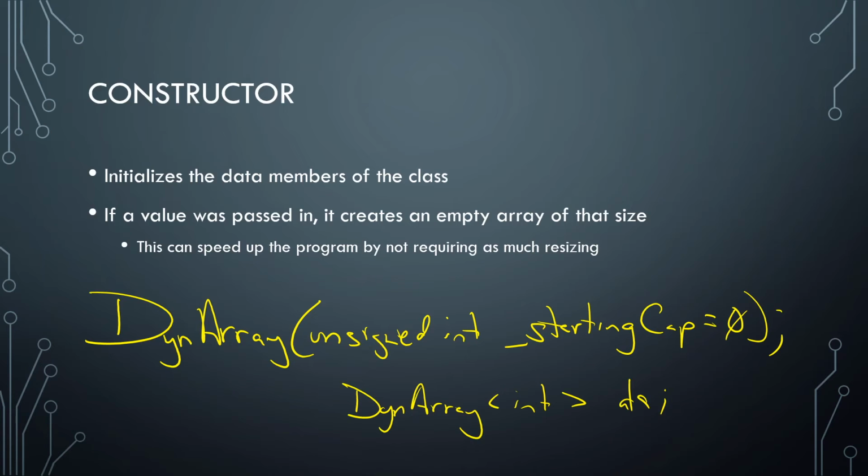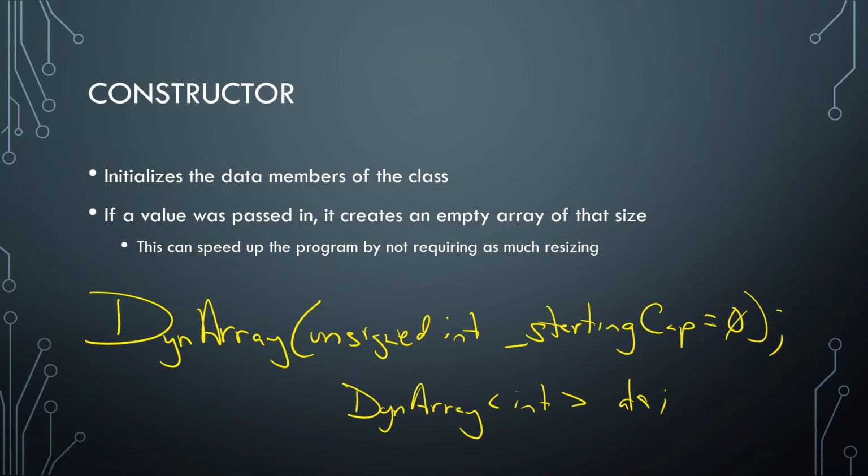The reason why we're giving the option to pass in this starting capacity is because that can speed up our application. As we'll see in some of the coming slides, when that array becomes full, we will need to resize it, and there's going to be a cost in doing that.